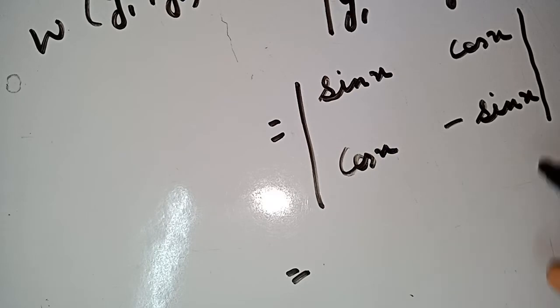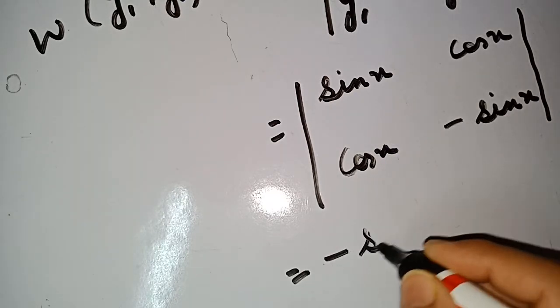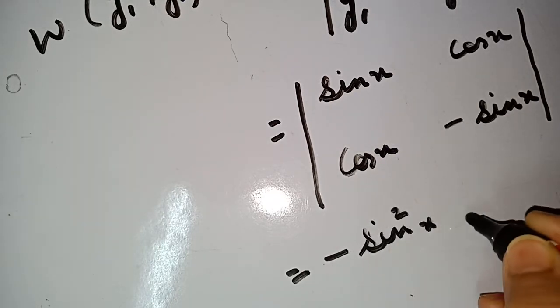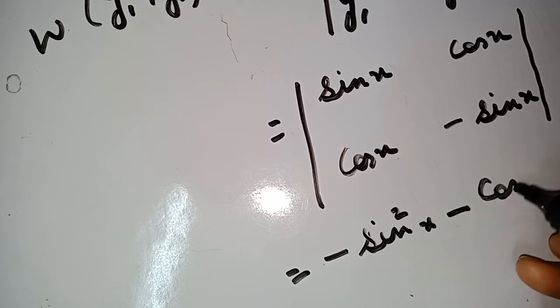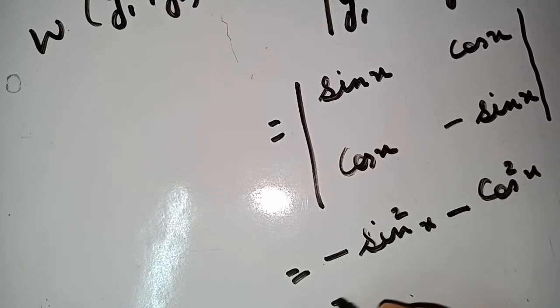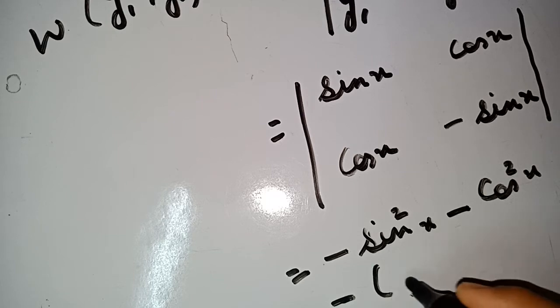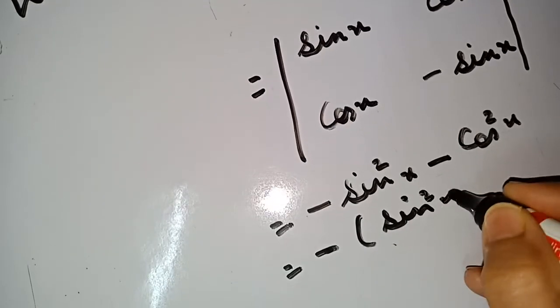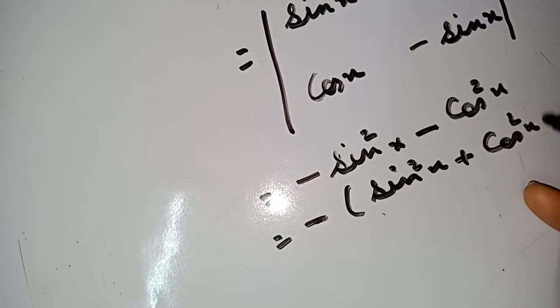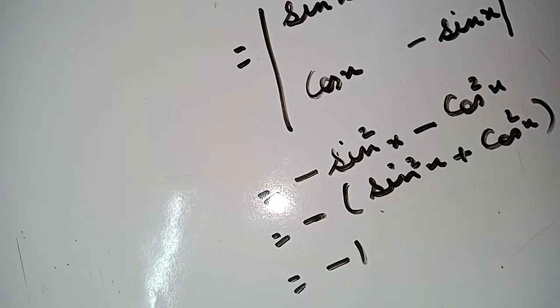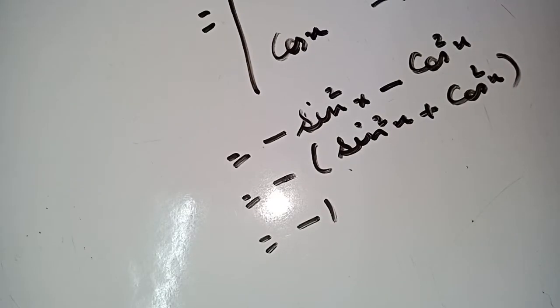So this becomes minus sin square x minus cos square x. Taking the common minus, we get sin square x plus cos square x, and it becomes minus 1.